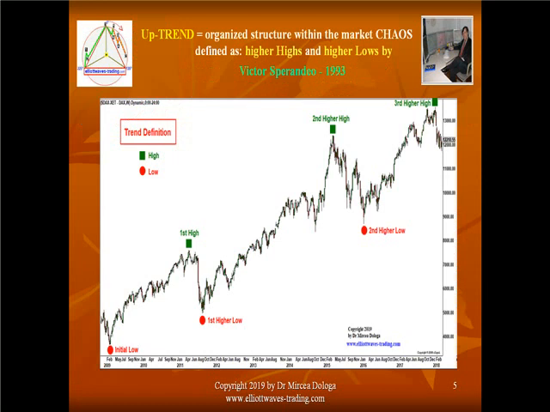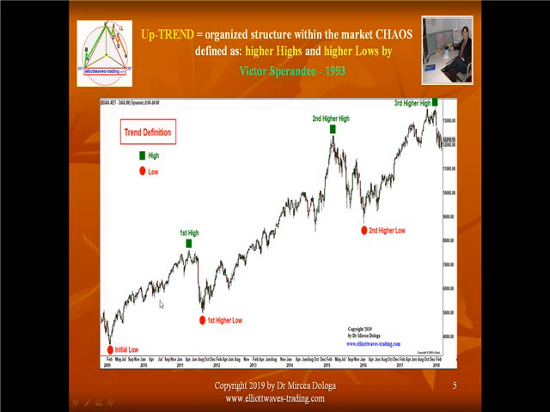The uptrend is defined as an organized structure within the market chaos, defined as higher highs and higher lows, which was first mentioned by Victor Sperandeo in 1993. If we take a look at this chart and we start from the left corner down, we see here the initial low where everything started, where the trend started.